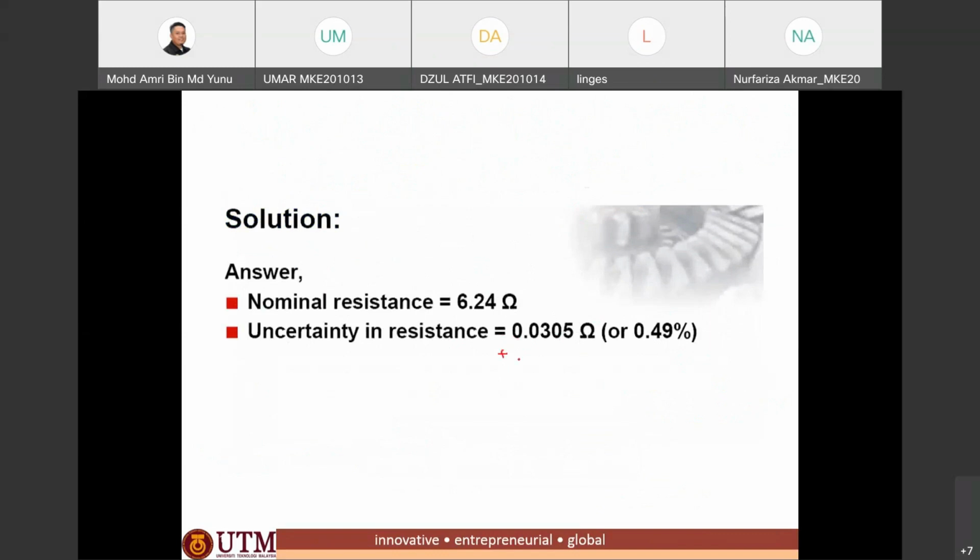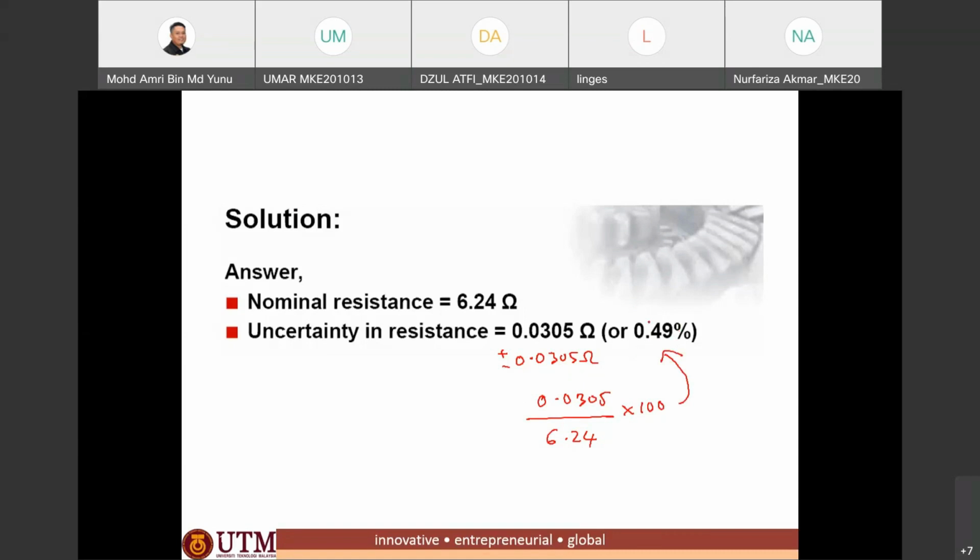You should get 1 plus minus 0.0305, or in percentage it is 0.00305 over the maximum value multiplied by 100. Okay, you get 0.49, in percentage, so you get 0.9%.